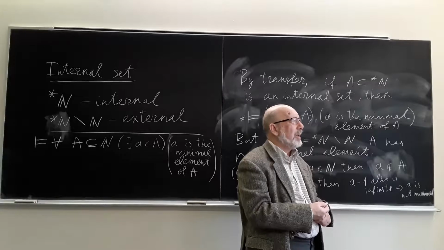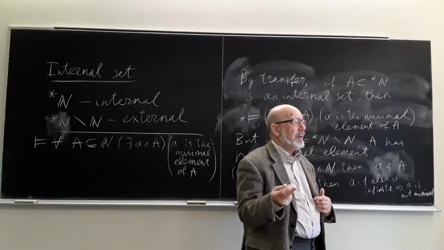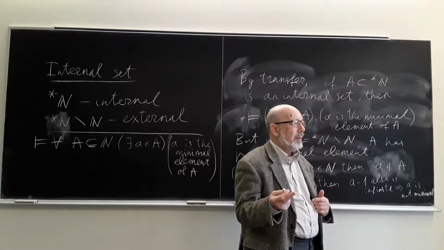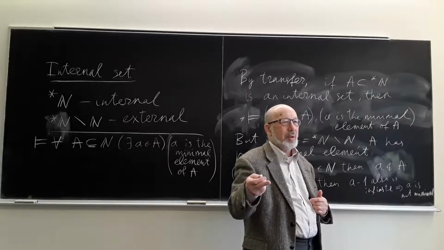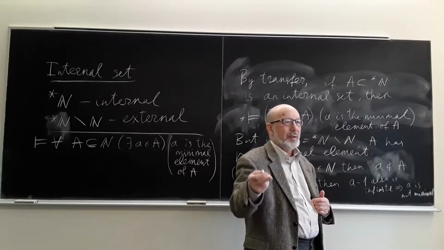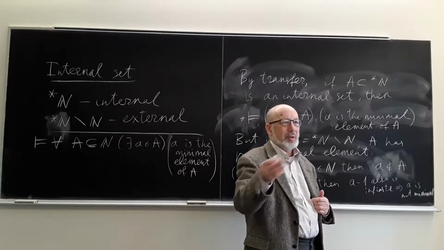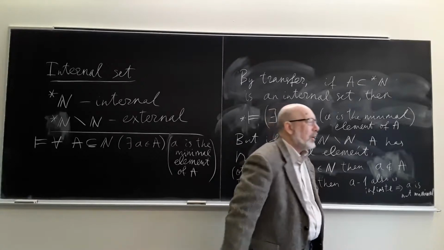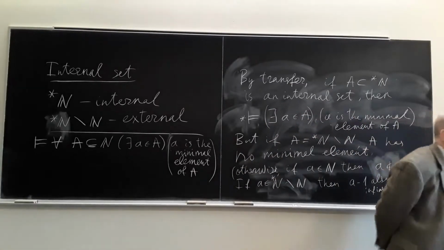But this maximal element, if it is finite, then the next, a plus 1, is also finite, so it's not maximal. If it is infinite, it is not in our set. Yeah? So something is wrong.